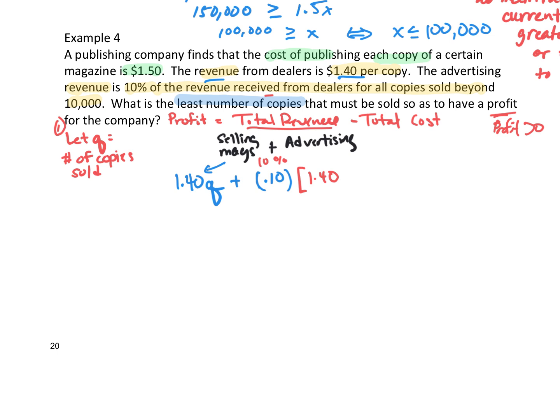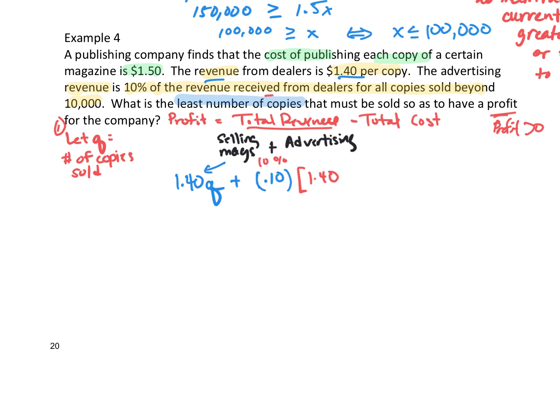If they sell 10,000, that's breaking even, so they don't get any of this advertising money. But if they sell 10,001, then they actually get 10% of that one copy they sold. If they sold 10,002, they get two copies' worth, and so on and so on.